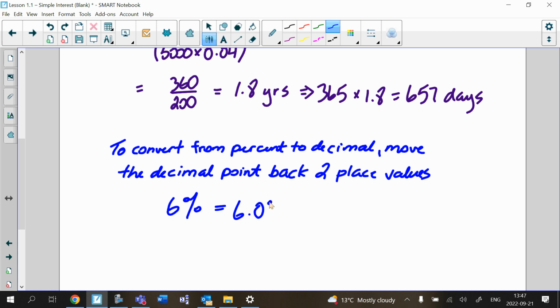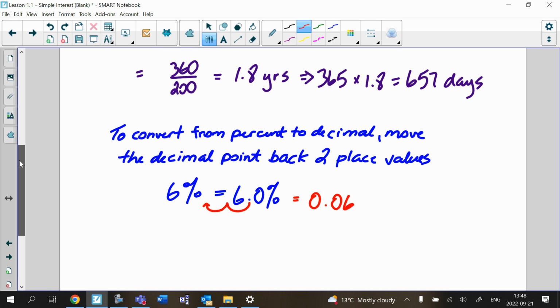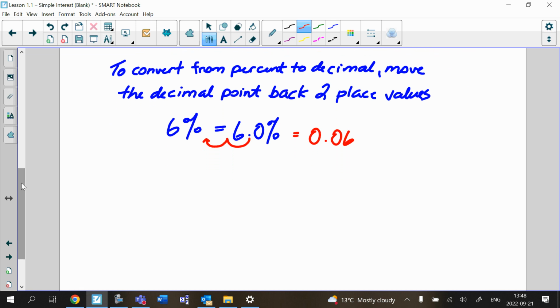To convert from decimal to percent, you do the opposite. Move the decimal point forward 2 place values.